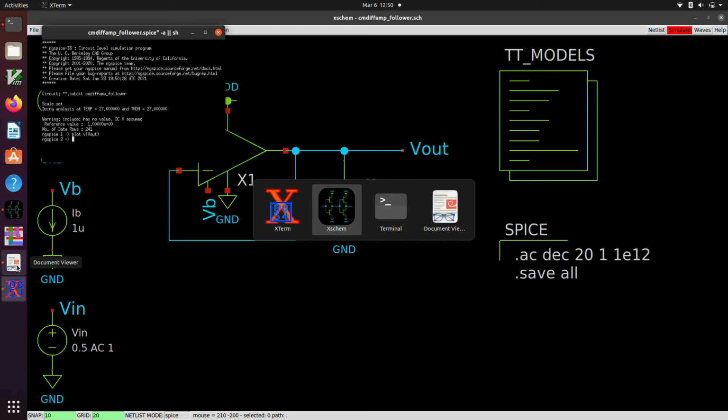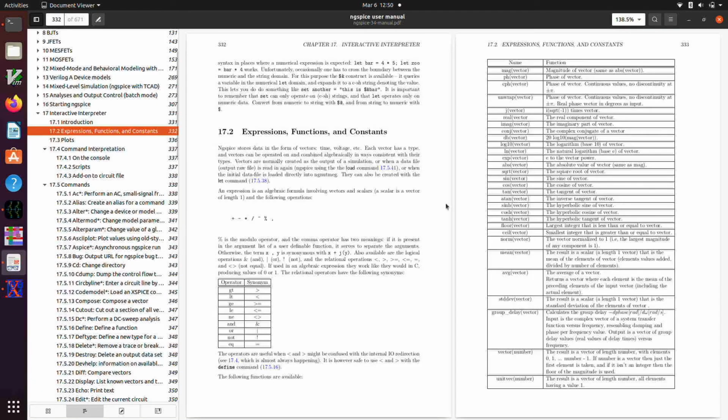And if I flip back over to the Ngspice manual, these are some functions that we can use that are built into Ngspice. And one of these is the dB. dB of vector returns 20 log to the base 10 of the magnitude of the vector. We also have ph, which is the phase of the vector, and the cph, which is the phase of the vector, continuous values with no discontinuities at plus or minus pi.